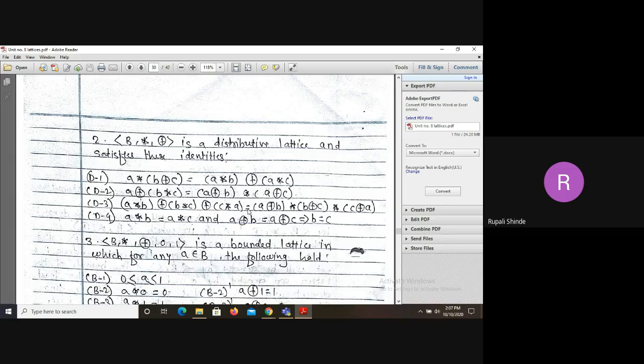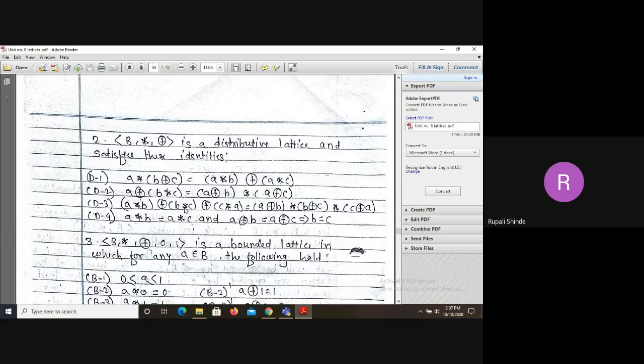So this is equal to, we just have to replace star by XOR and XOR by star. So apply here, the first star, that is A star B, will be replaced by the XOR operation as A XOR B. Then this XOR will be replaced by star.